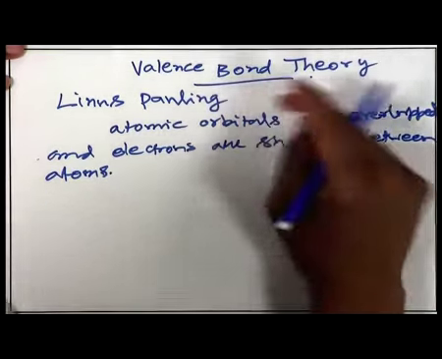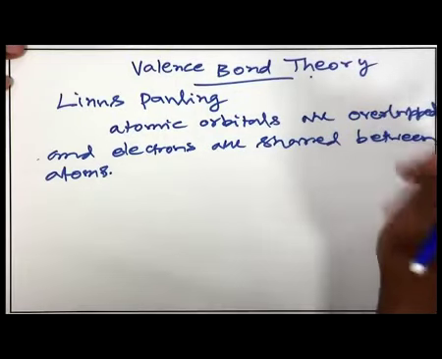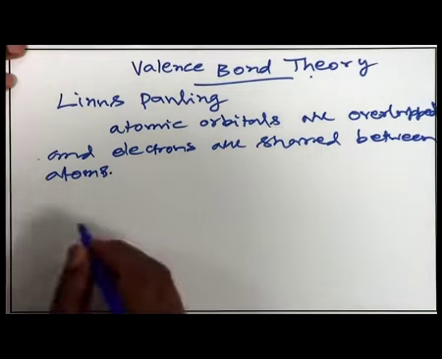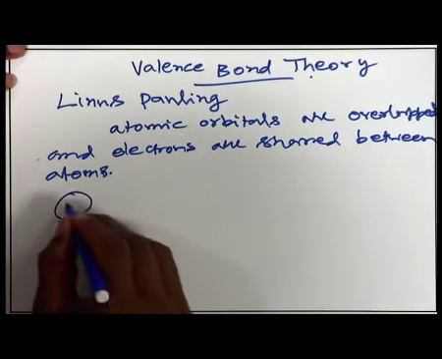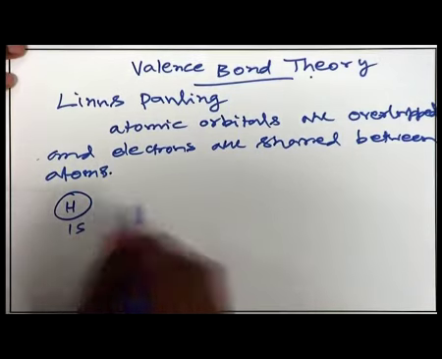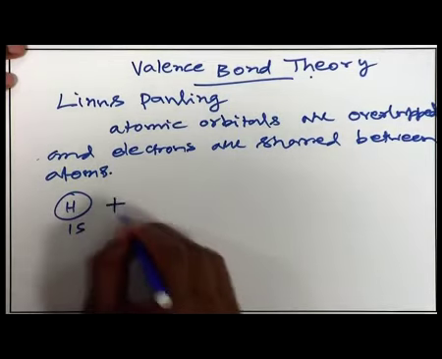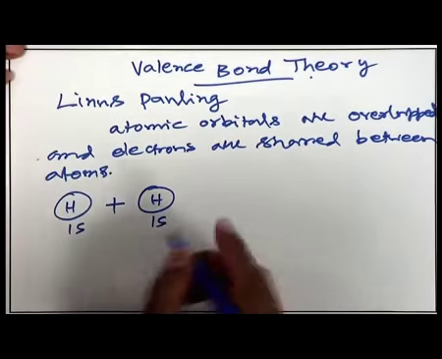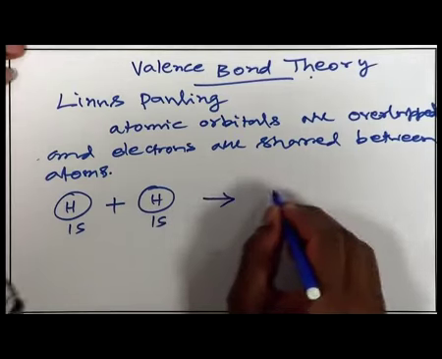So, this theory is based on the overlap of atomic orbitals. As we have seen before, you have a hydrogen atom containing a 1s orbital, which is 1s1, combining with another hydrogen atom that has a 1s orbital containing 1 electron to give a hydrogen molecule.